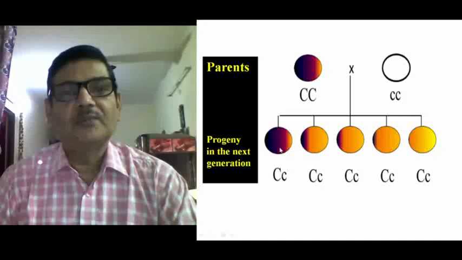And what we are observing is that in these 5 cases there is variation in the expression of the trait. See this first one, that shows maximum expression of this phenotype. The second one shows a little less appearance of this color, but yes, we can say that this trait is being expressed in this second fellow also.